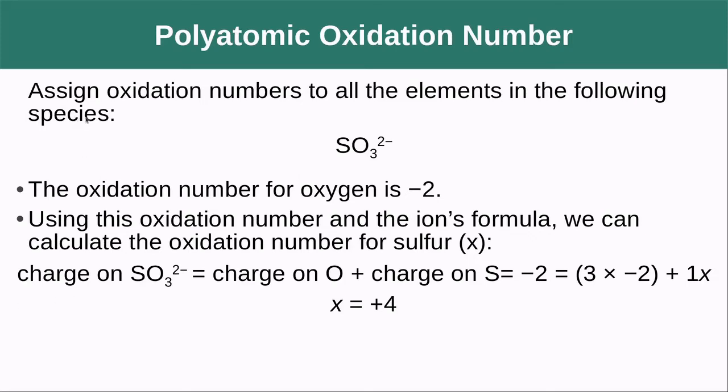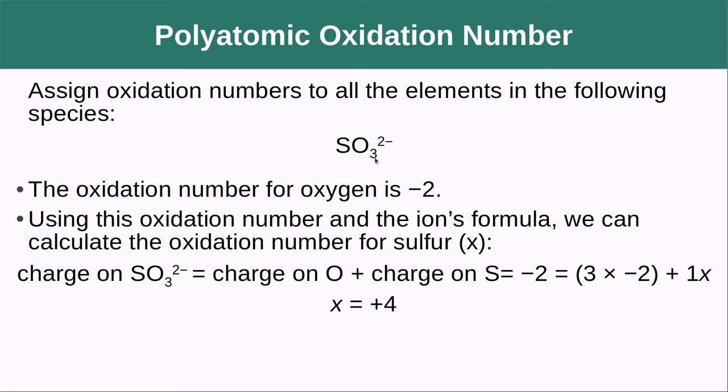Here's another example. We have a polyatomic here. This is going to be sulfite. What we're going to do is go to one of the ones that we know. We know oxygen is a -2. We have 3 of them as indicated by this subscript right here.